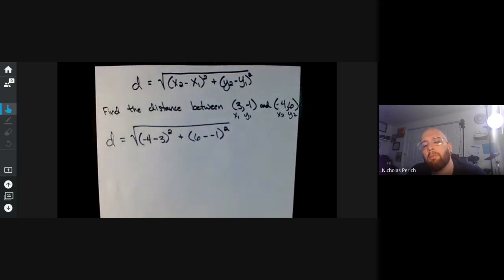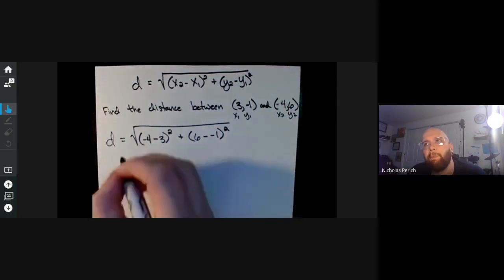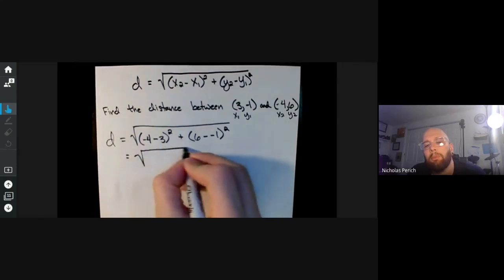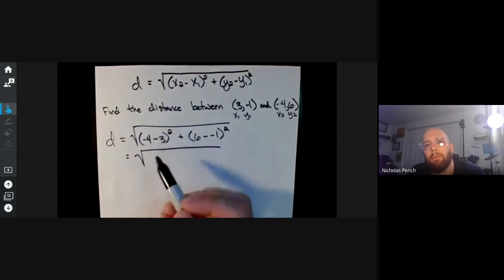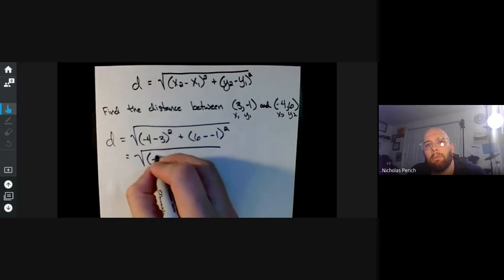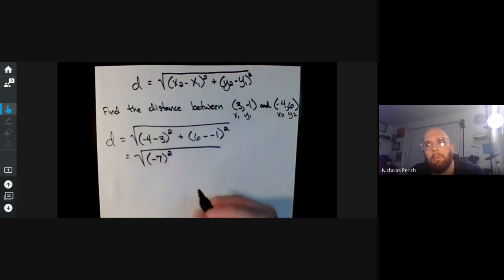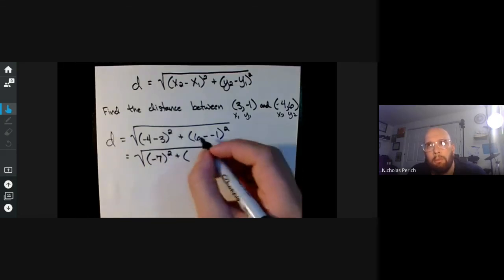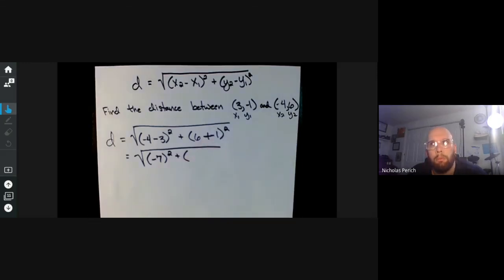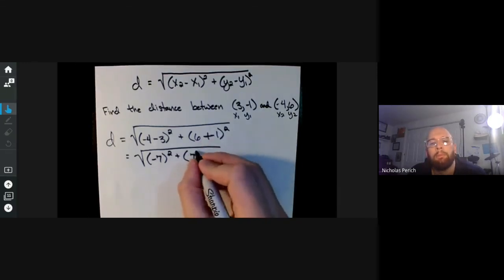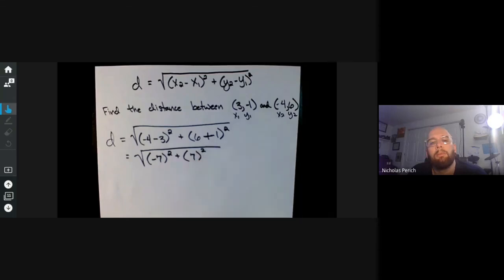Now it's just a matter of doing PEMDAS inside the square root. I have the square root of -4 minus 3, which is -7 squared, plus 6 double negative, which becomes a positive 1, so 7 squared.